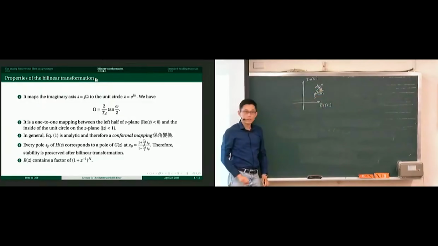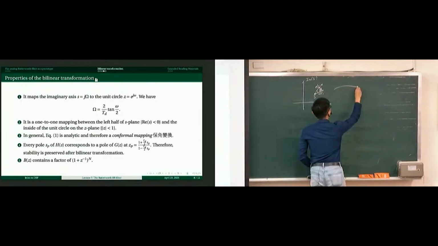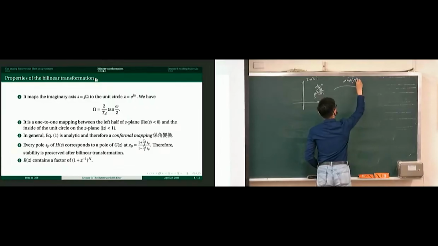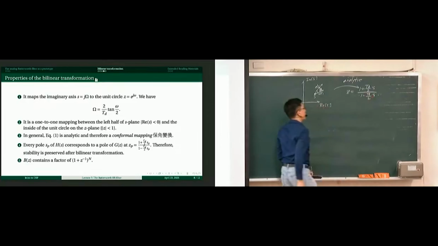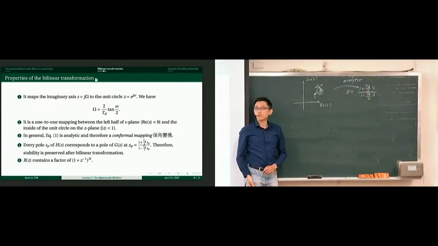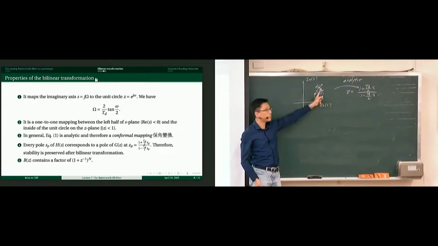Is that clear? So now we have an analytic mapping, which is z equals (1 + Td/2 · s) divided by (1 − Td/2 · s). This is an analytic function defined on S. So we said that this transformation, going to the z domain, should preserve the angle phi.